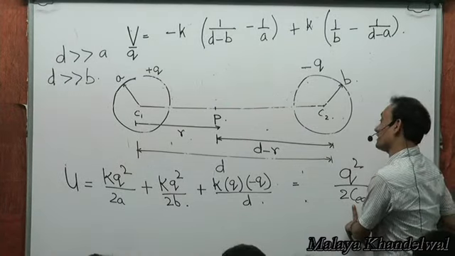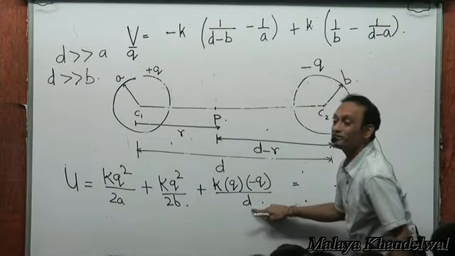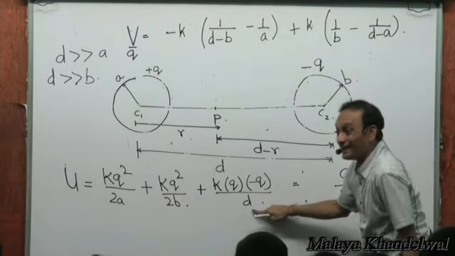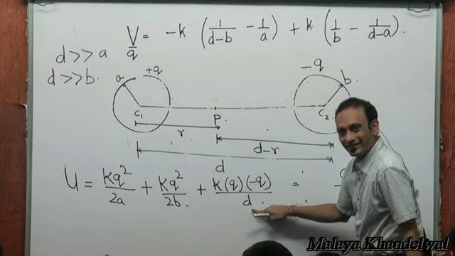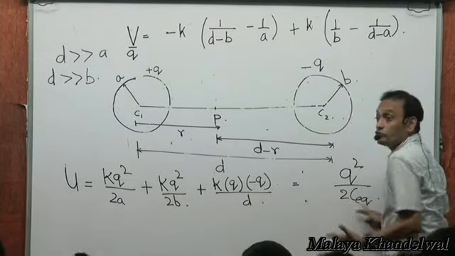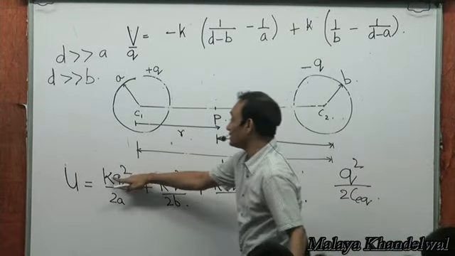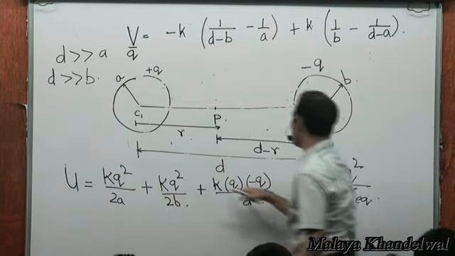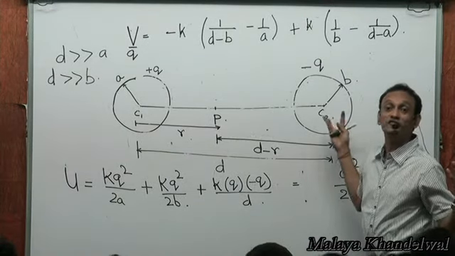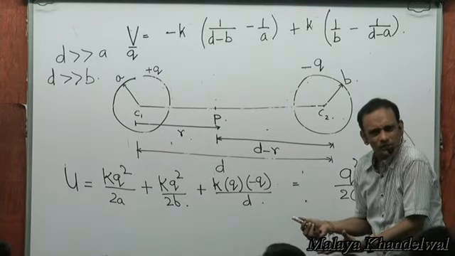Potential energy is Q squared by 2 times the capacitance, so 1 by C equivalent becomes K into 1 by A plus 1 by B minus 2 by D, right away, a result that we got out of a lot more effort. Yes or no?